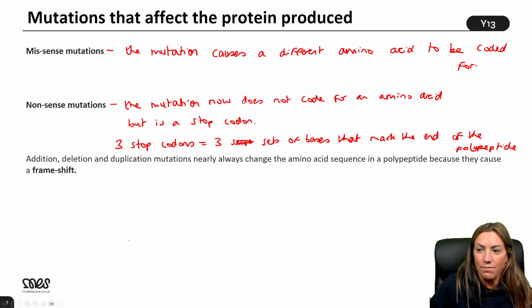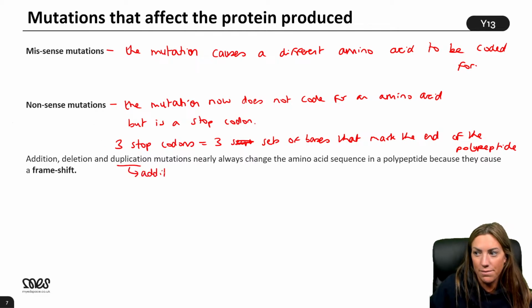Right. Addition, deletion, and duplication, which is also an example of addition. They nearly always change the amino acid sequence because they cause a frame shift. Who can give me a definition of a frame shift? I'm going to try and give you an example.